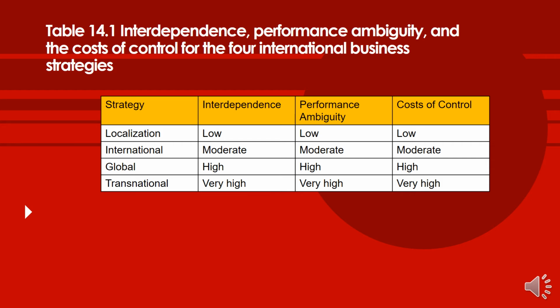If you go for independence, your ambiguity becomes low, performance ambiguity is also low, and cost of control is also low. If you go for the international strategy, interdependence is a little bit moderate, performance ambiguity is moderate, and cost of control is also moderate. If you go for global and transnational, the cost and ambiguity increase.